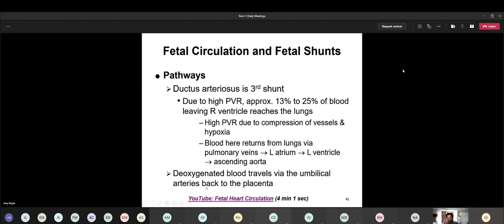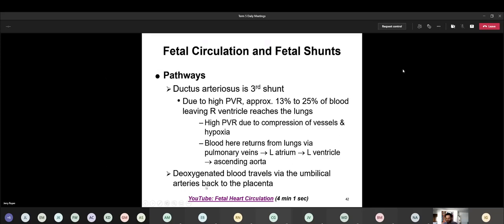So these are the different factors responsible for this really high PVR. There's not much oxygen to begin with. Anytime there's hypoxia, there's going to be vasoconstriction, in this case pulmonary vasoconstriction, which is why we always need to think about providing O2 to someone who has increased pulmonary vascular resistance that's causing pulmonary hypertension.